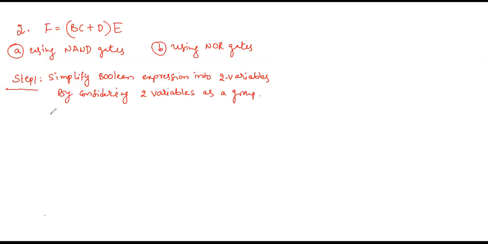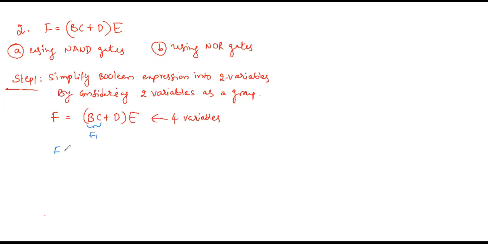So take the function BC plus D plus E. How many variables are we having? Four variables. We need to simplify into two variables by considering two variables as a group. You can consider in any way, but our main aim is to reduce into two variables. So I am considering BC, two variables, as one group, the variable F1.